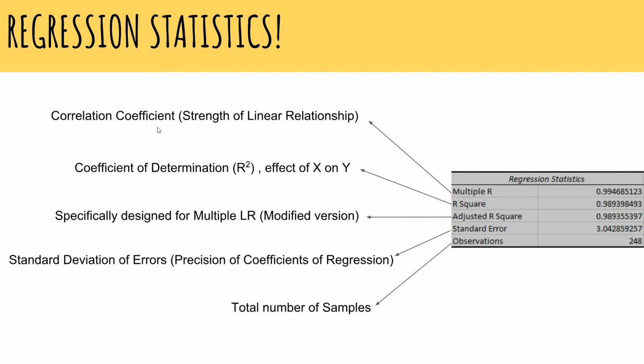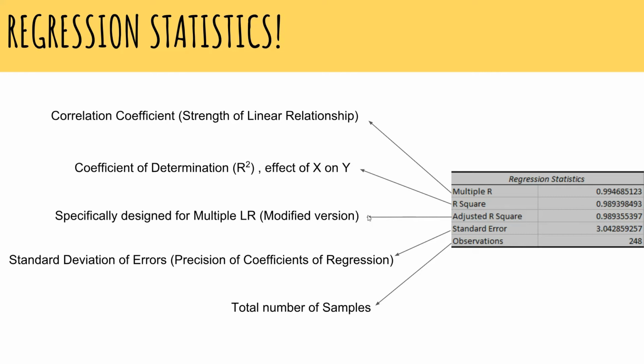So this correlation coefficient, or the multiple R parameter, basically tells us the strength of our linear relationship. And as you can see, the value of 0.9946, basically 99.5% approximately, is a very high value, and it tells us that our model is very much linear. It has a great strength, and we can definitely call it a linear relationship.